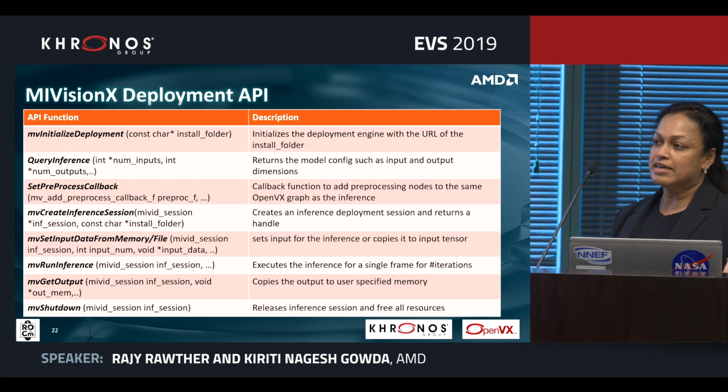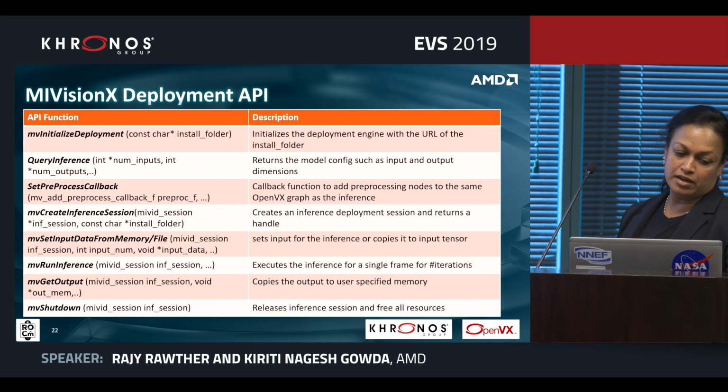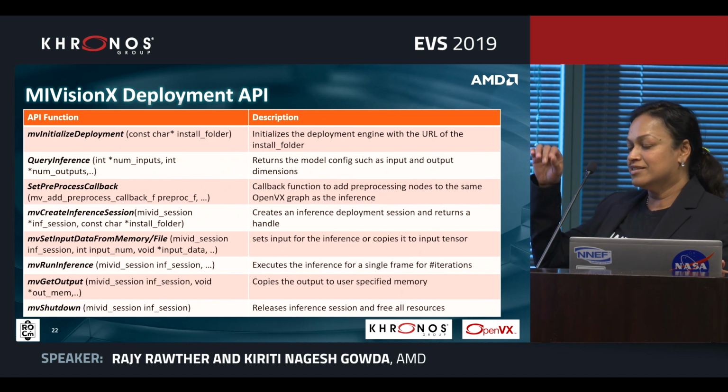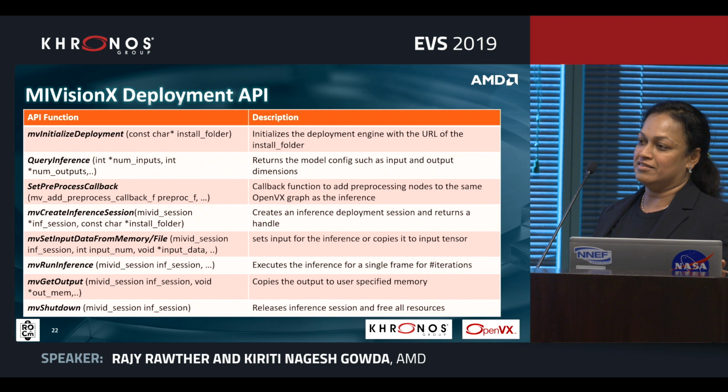What it does is it goes through the NNIR and learns about the model when you do the initialize deployment. After that, you can query the inference. When you have a model, you don't know what the input dimension is until you go and segment the model and go through each layer.